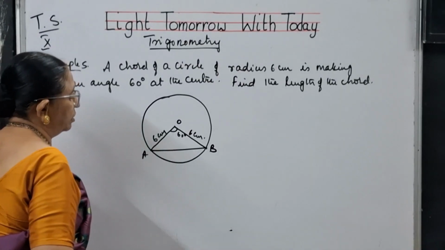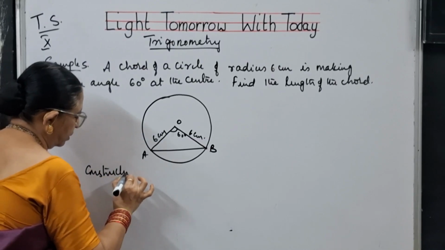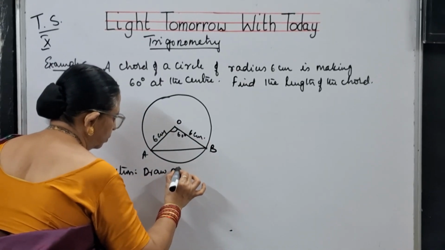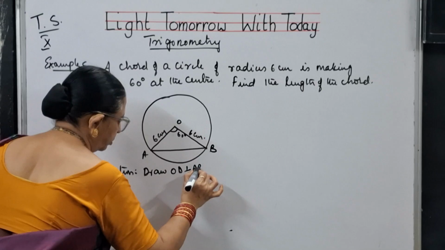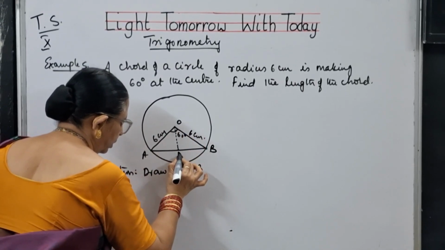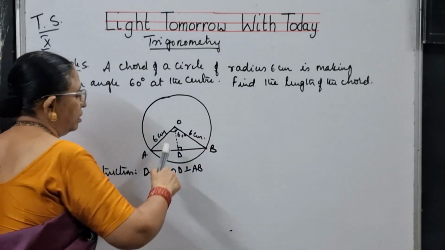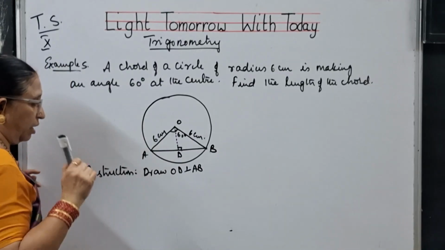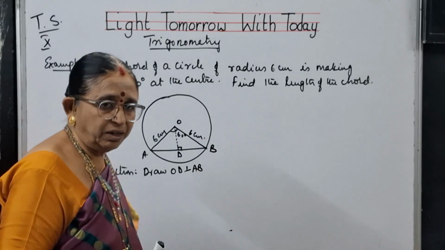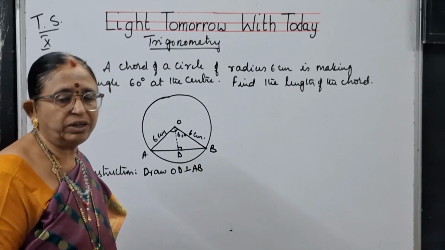Length of the chord means you have a construction for this, children. What is the construction? You have to draw OD perpendicular to AB. Earlier also I said that for an isosceles triangle or for an equilateral triangle, the median and altitude are one and the same.